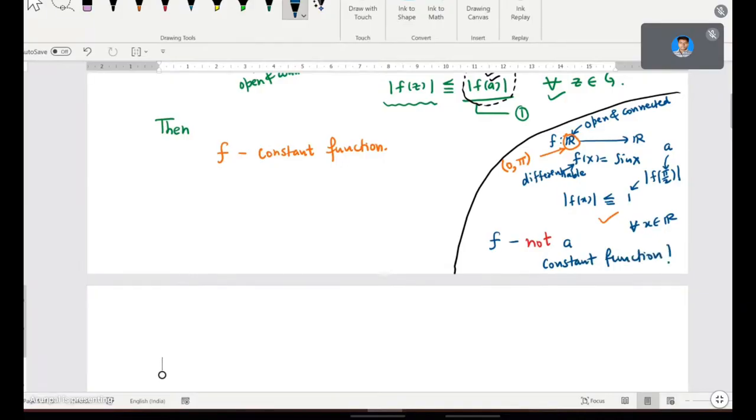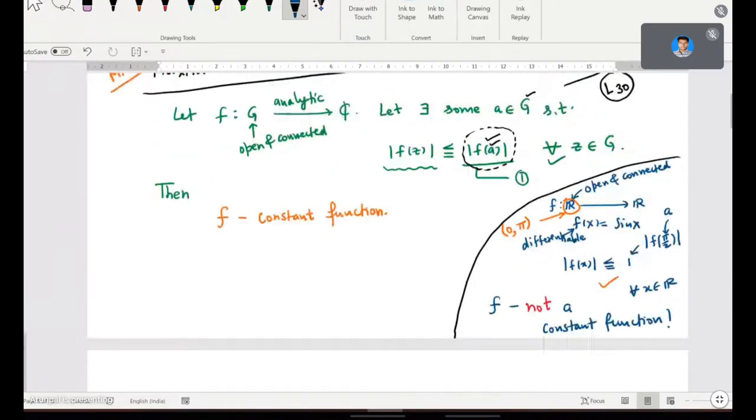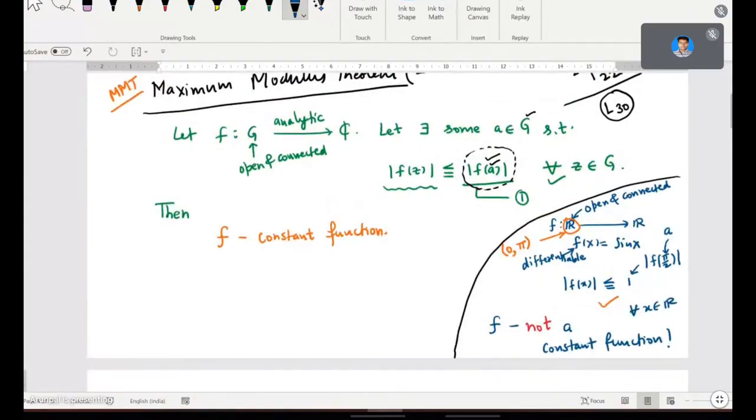So this kind of situation we don't have in the case of real valued functions, but surprisingly in the case of complex valued functions we have this situation. In the case of complex valued functions, mathematically it is established. We shall be writing down the technical details, but I don't know how I should convince you.